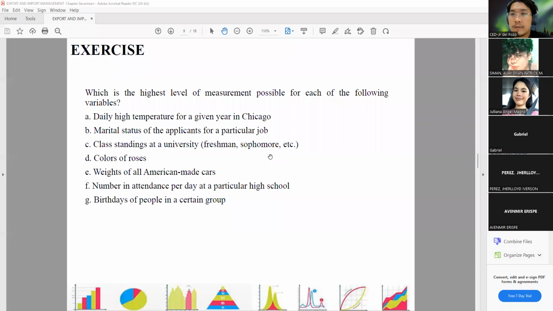Can be nominal, yes. Ano pa? Okay. So, it can be a nominal. Yeah. Pwede din naman na ordinal if we try to connect the birthdays to age. So, pwede siya maging ordinal, yeah. Okay.